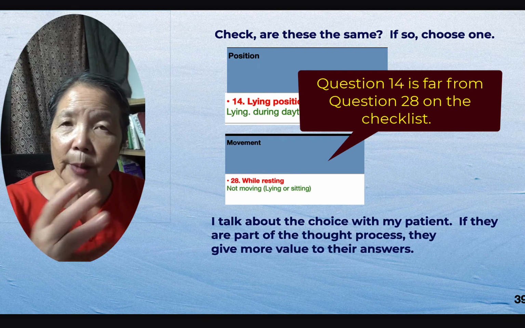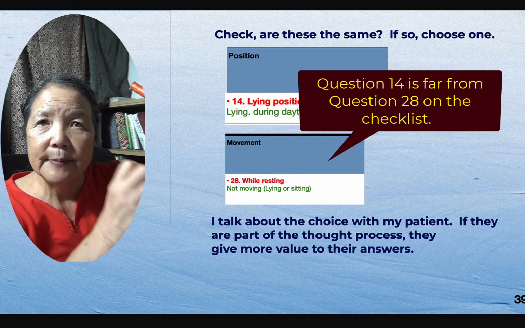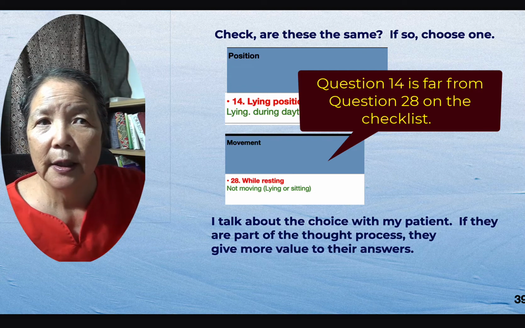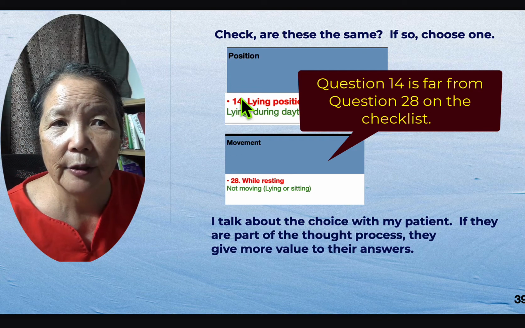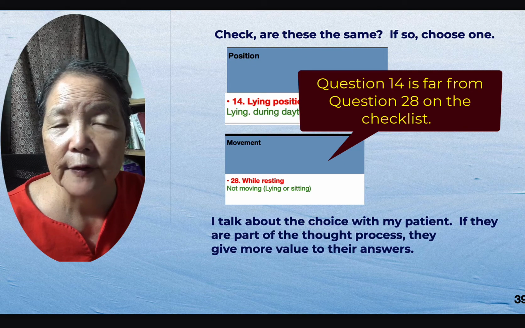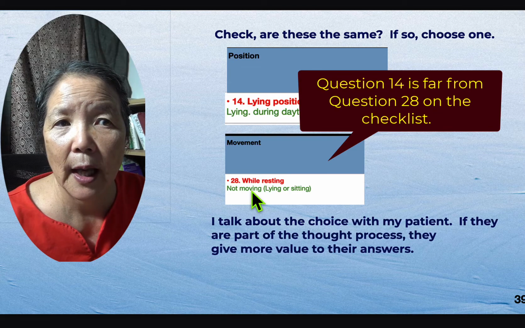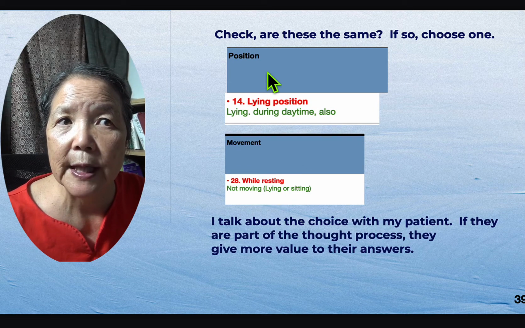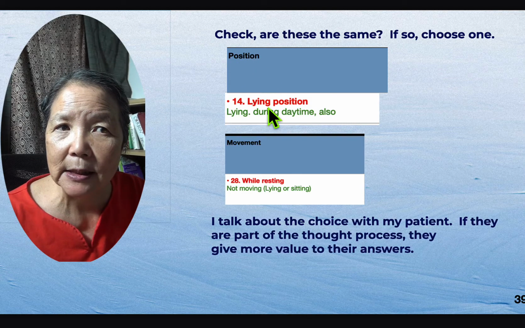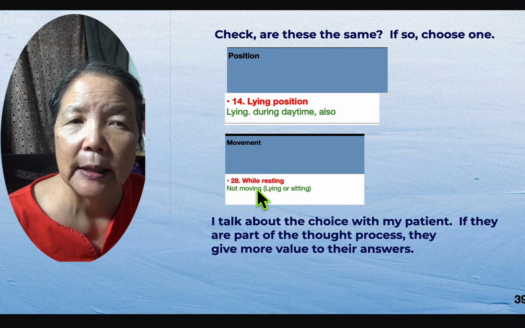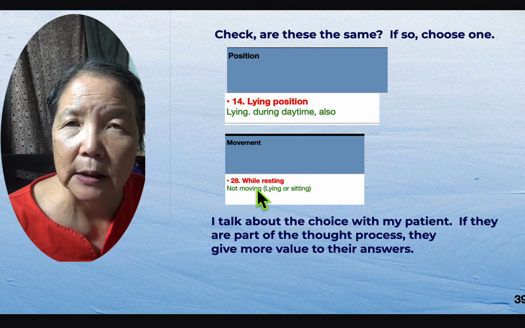Sometimes you need to compare symptoms that are in different parts of the checklist. You see the numbers here. They're quite far apart. The lying position, even during the day, feels better or worse. And while resting, you feel better or worse. This is about the position, and this is about movement or staying still.